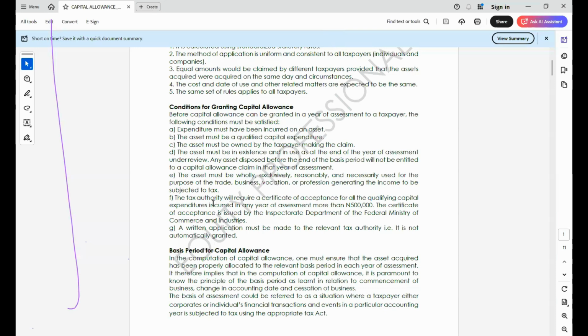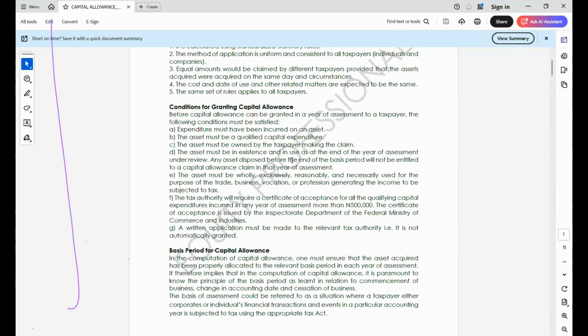Then we also have: the asset must be in existence and in use at the end of the year of assessment under review. Any asset disposed of before the end of the basis period will not be entitled to capital allowance claim in that year of assessment. The asset you want to claim capital allowance on must be visible and available, not an imaginary asset.